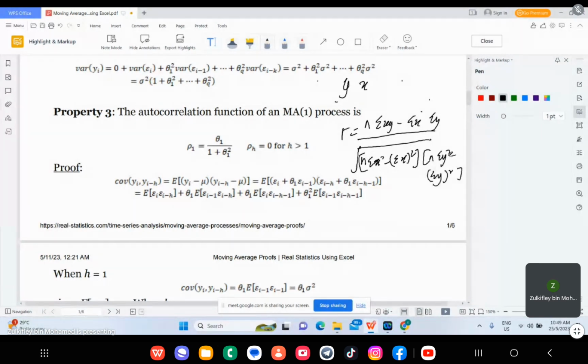This is the correlation. In other words, the numerator here is known as the covariance. And the denominator here is the standard deviation, the standard deviation for x and the standard deviation for y.